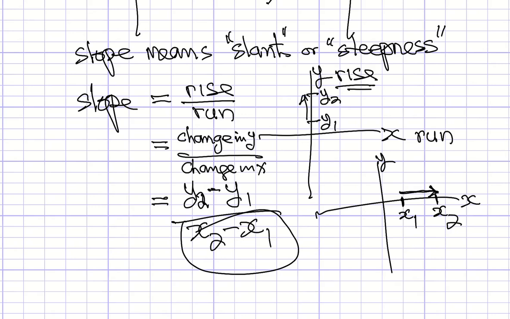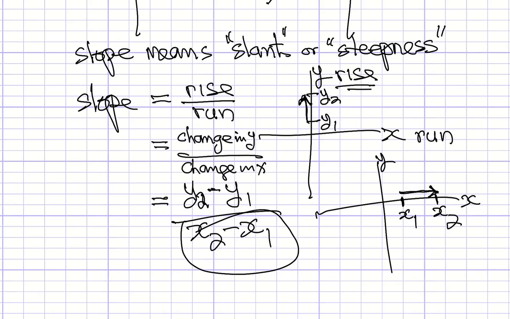So the change goes like that. You went from x1 to x2, from y1 to y2. So the change is y2 minus y1. In physics they sometimes say you start from x0 to x1, or from y0 to y1, something like that, but it's the same thing. You started somewhere.